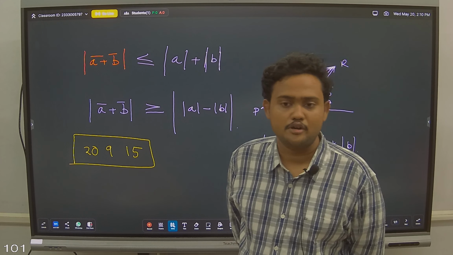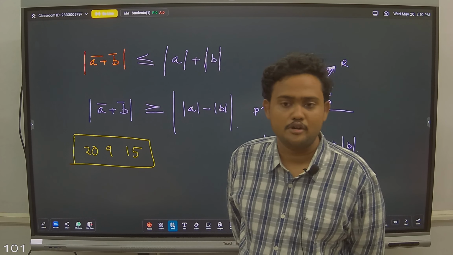So why do you feel that it is not the case? It is possible for these three vectors to add up to 0, because it is possible to create a triangle whose sides are 20, 9 and 15, right?